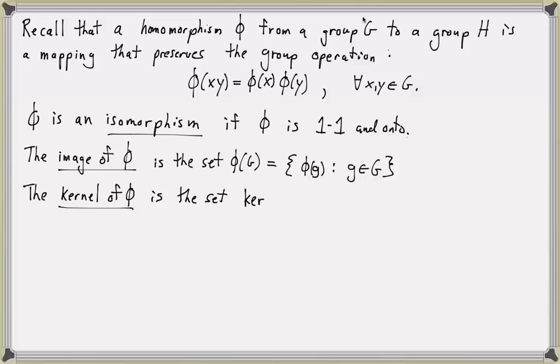So we write this as kernel phi. Again, this is the set of all elements in G that get mapped to the identity.